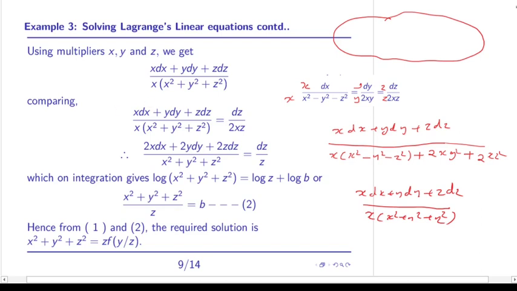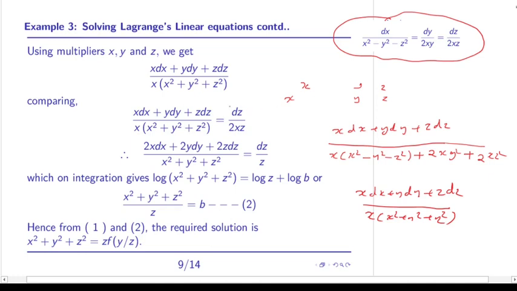So now you compare. As you see in this auxiliary equation, these three components are equal, and what we developed is also equal to these three.